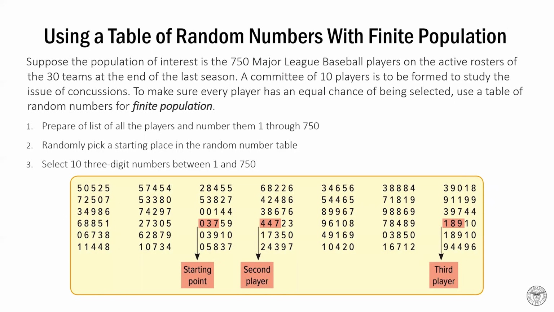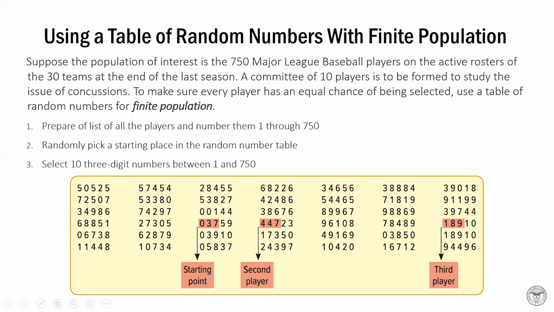Another way to select a sample is to use a table of random numbers, like the one we show here, or to use a statistical software program or Excel to select a simple random sample. This example shows how to select random numbers using a portion of a random number table. To choose a starting point, you could close your eyes and simply point at a number in the table. Another way is to randomly pick a column and a row.